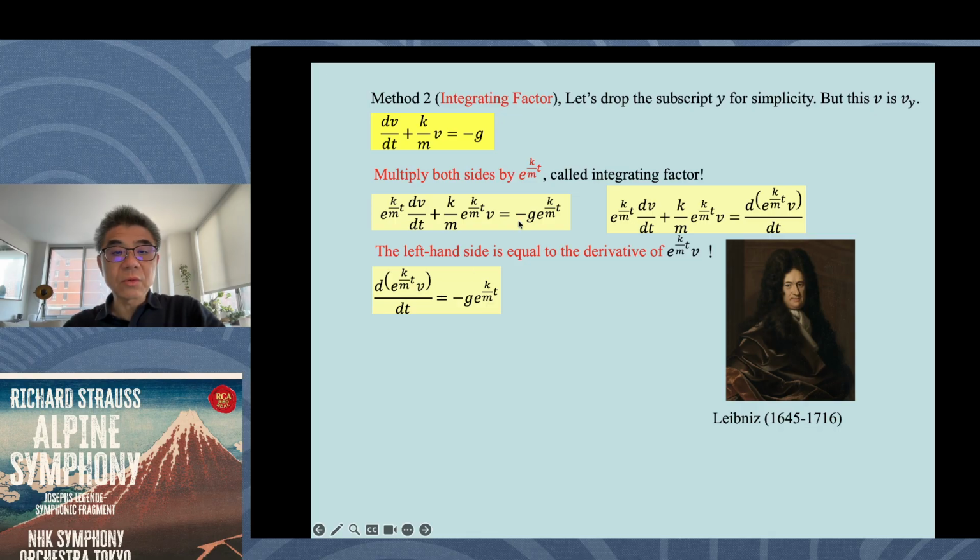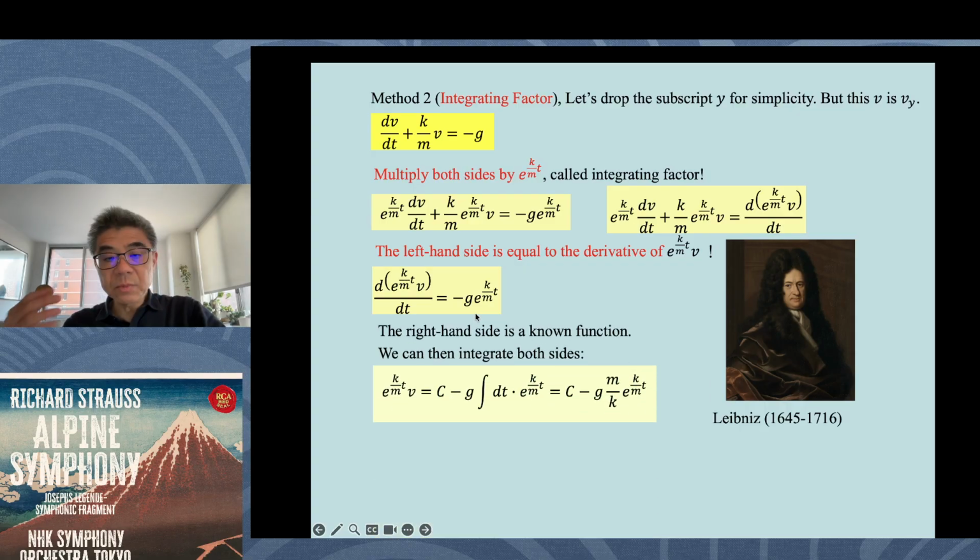This is equal to the right-hand side, minus g exponential k over m times t, which is a function of time. Okay, so we now know that the derivative of this function is this function. Therefore, it is easy to integrate both sides to get exponential k over m times t times v equal to the right-hand side, g exponential k over m times t, integrated over dt.